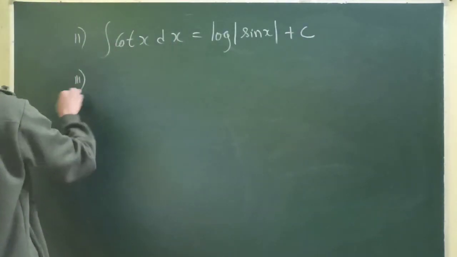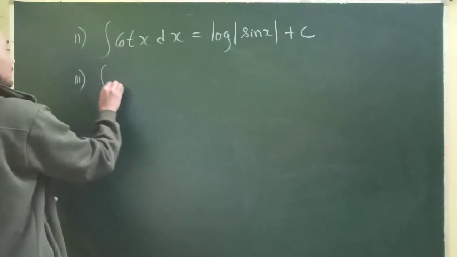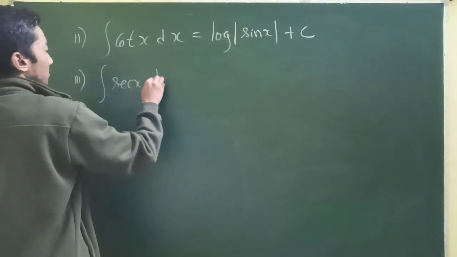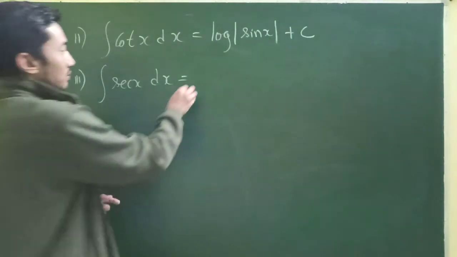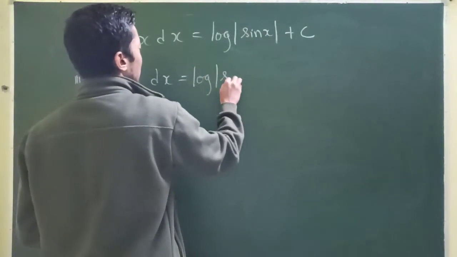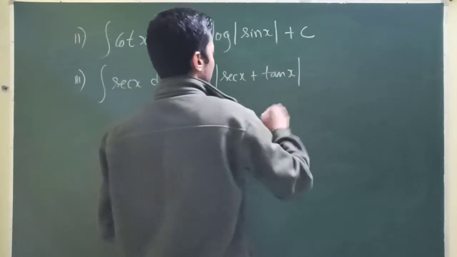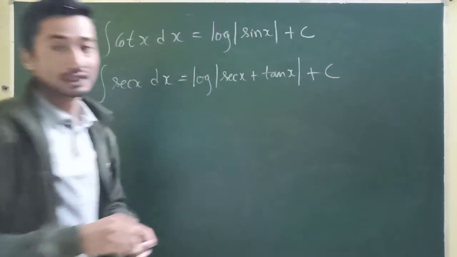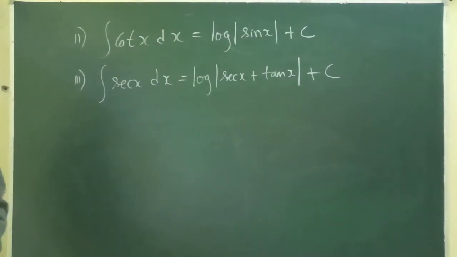Third one, integration of sec x. This was not given in the formulas. Integration of sec x will be log of sec x plus tan x plus c. Of course, it is an indefinite integral, so the constant of integration will come.